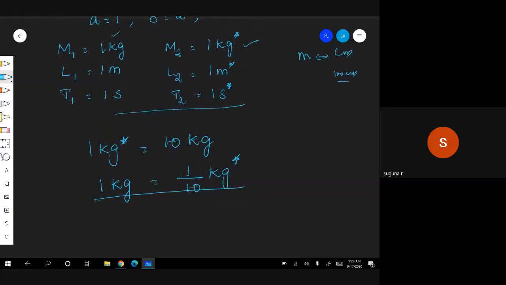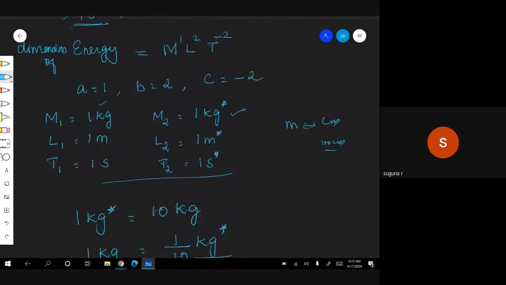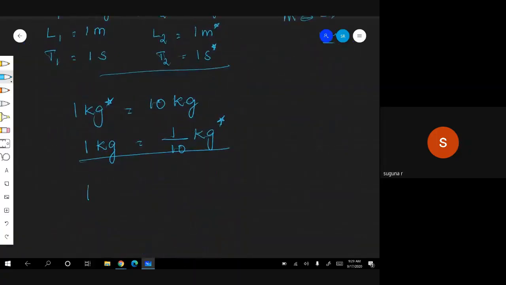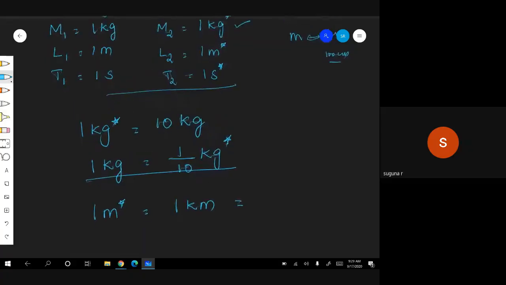Okay, then what else is given now? Next one, listen carefully children, 1 meter star is equal to 1 kilometer. It is given here, correct? Yes, ma'am. I don't want kilometer. I want to convert to L1 in meter here, because it is joule. 1 joule is equal to kilogram meter square second power minus 2, that is ML squared T power minus 2.